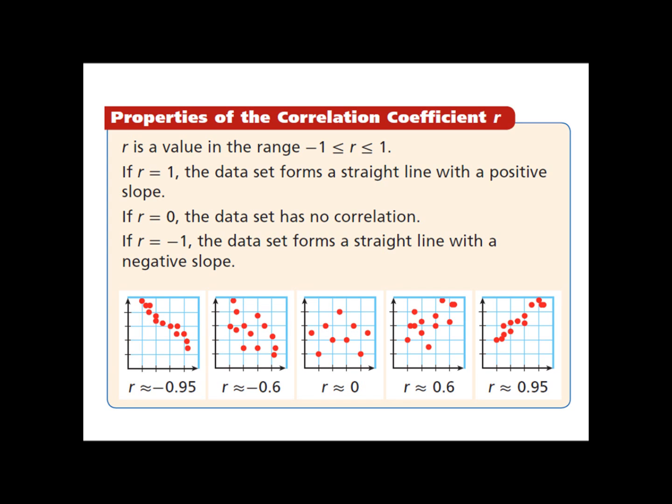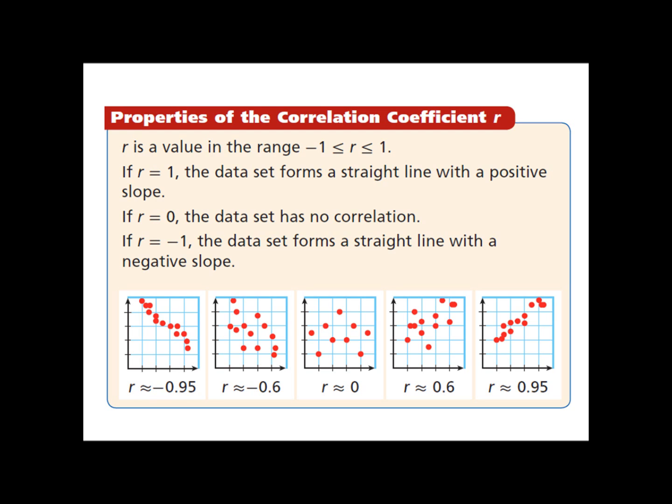Now, here we see several different R values. The first one we see is a negative correlation, so we should always guess a negative value for that. And since it's so close to being in a straight line, we want to choose or guess a value that's very close to negative 1. It's not in a perfect line, so don't choose negative 1 itself.